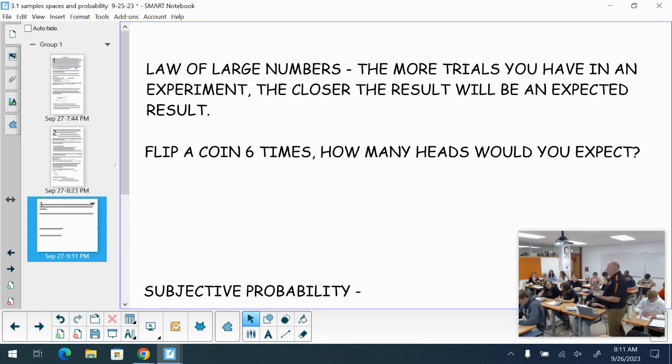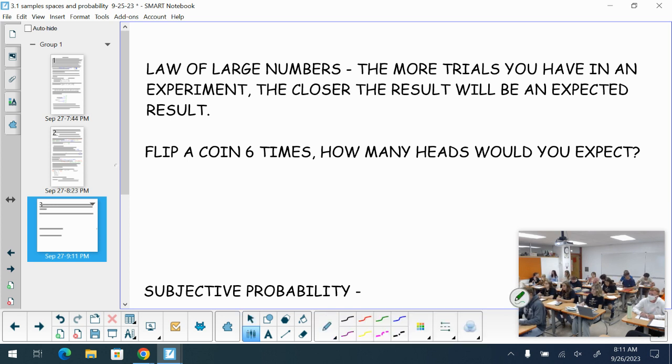Hey, everybody got a penny? Okay, law of large numbers: the more trials you have of an experiment, the closer you're going to get to the expected results. The more, the better in the trials.